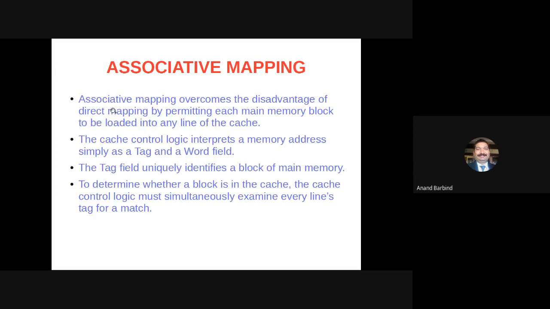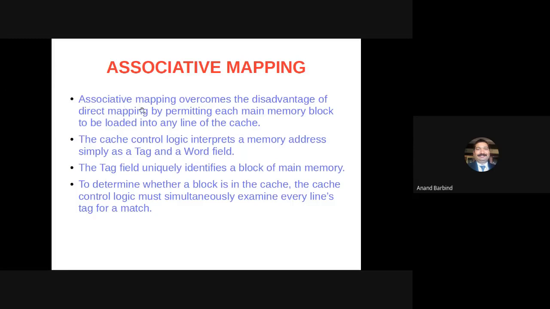But the CPU may be using that particular block, and in that case there is no way other than to swap or overwrite that block. If that block is required again, there will be so-called thrashing. That is, again and again the CPU needs to bring into the memory two blocks which are simultaneously required. So a lot of time is unnecessarily wasted in just swapping the blocks from the main memory to the cache.